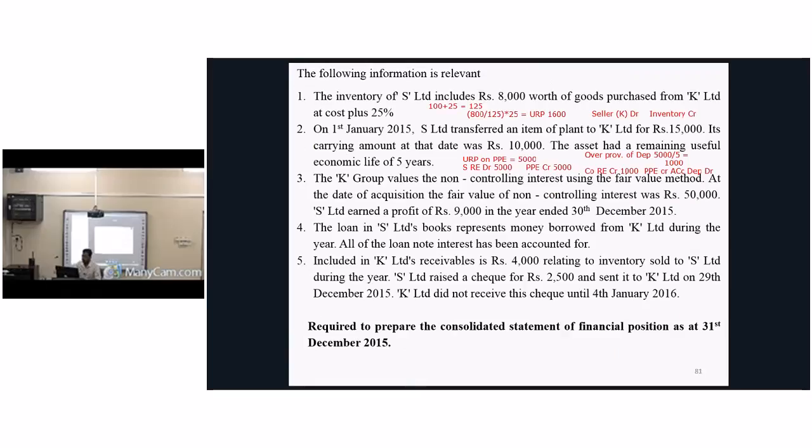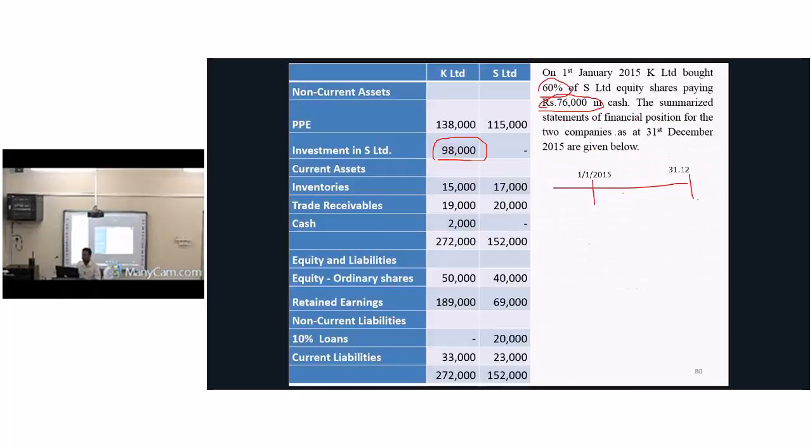And they say that profit for the year is 9,000, so you can find out profit at the date of acquisition. Profit at the end of the year is 69. During the year it is 9, so at the beginning of the year profit should be 60.